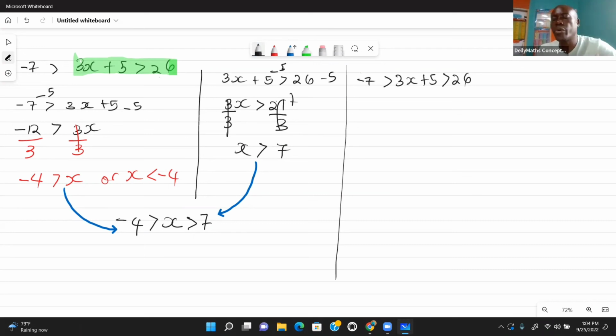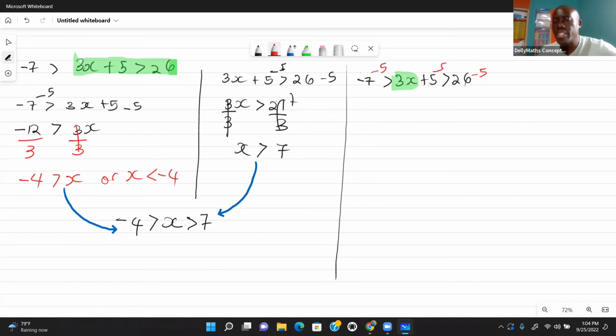We're going to preserve the subject for last, anything directly attached to it. I'm going to get rid of that positive 5 by subtracting 5. But because I'm doing it in one go, I'm going to subtract 5 throughout, meaning I'll take away 5 here, 5 there, and 5 there.